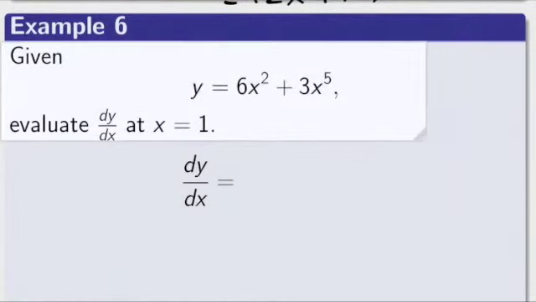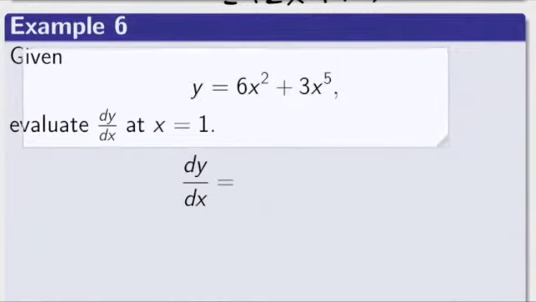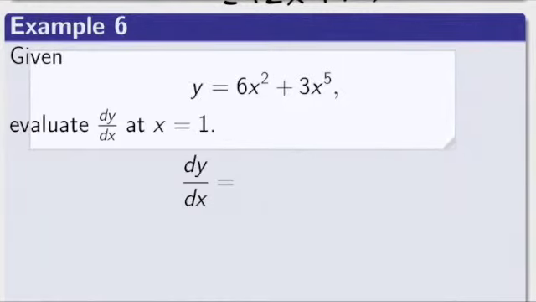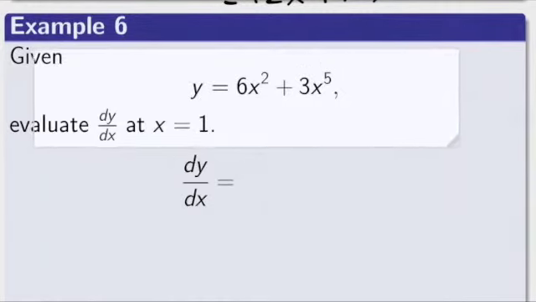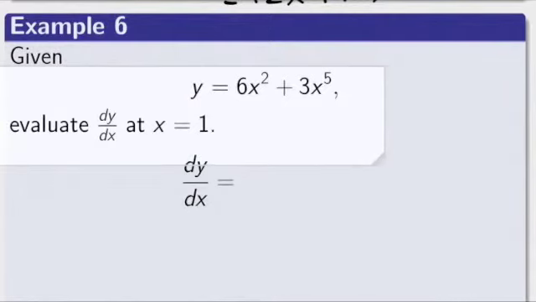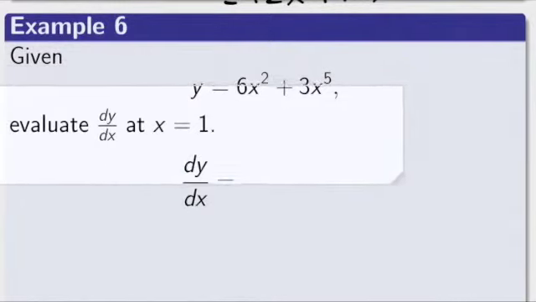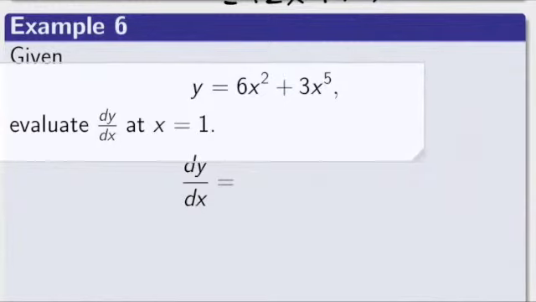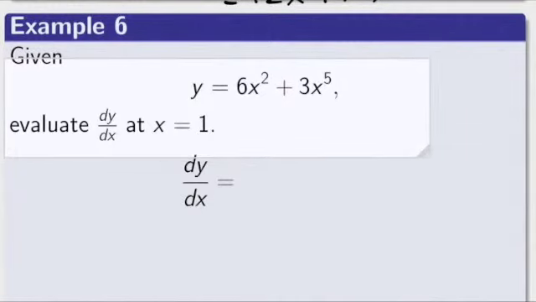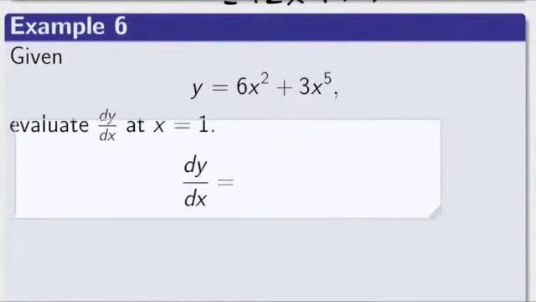Given y equal to 6x squared plus 3x raised to 5, we want to evaluate dy dx at x equal to 1. So we need to evaluate the derivative of y with respect to x at x equal to 1. So before evaluating the value of the derivative at x equal to 1, let's find the derivative of y with respect to x.